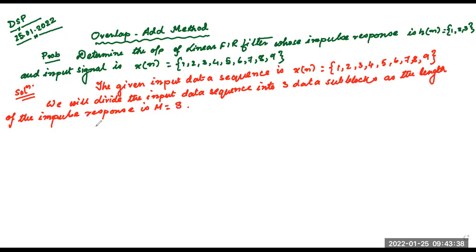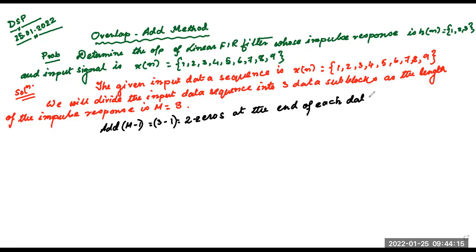Now the next step is to add m minus 1, that is 3 minus 1, that is 2, zeros at the end of each data subblock.